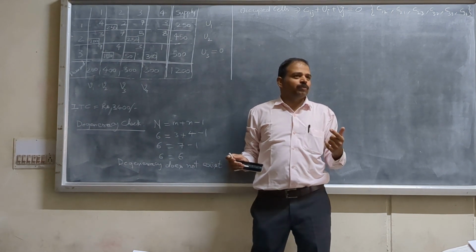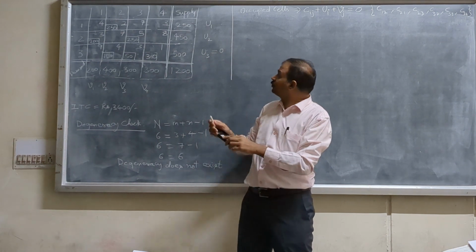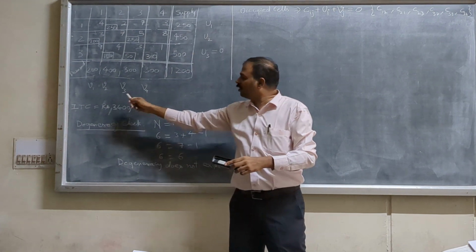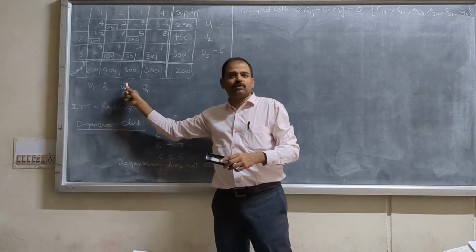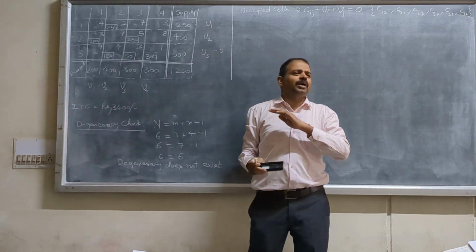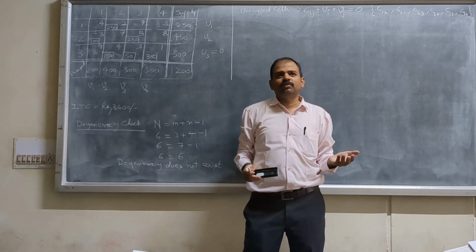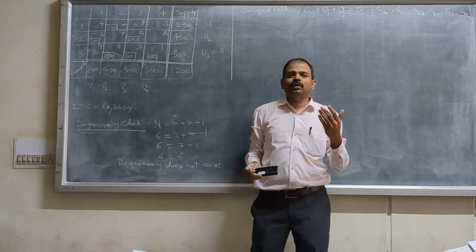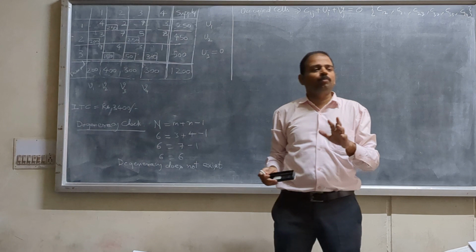But if you select any other row or column, you don't know the value of U1 and U2, neither V1, V2, V3, V4, so you can't solve the problem. So we have assumed one variable as 0, so we can trace the value of the others. That is the logic behind this. Got it? I hope it is clear.